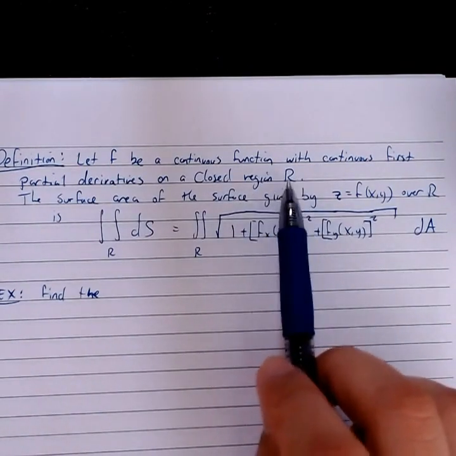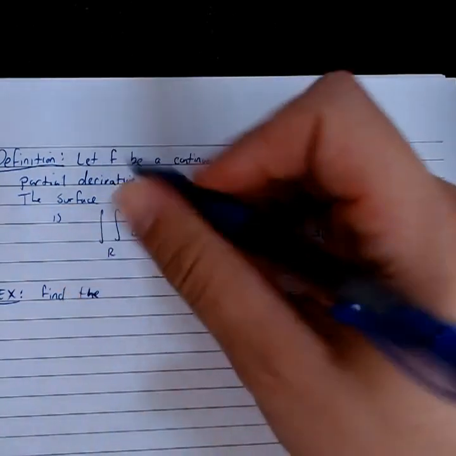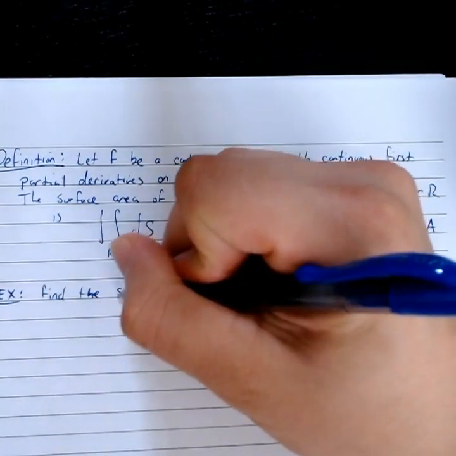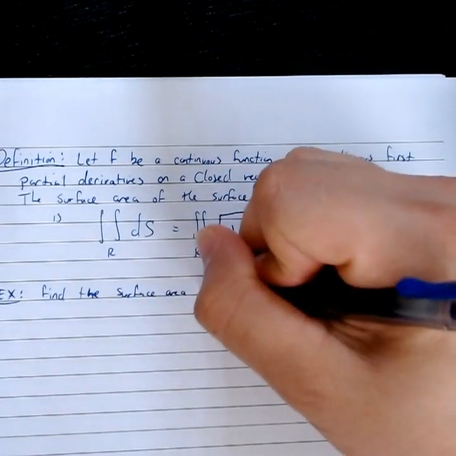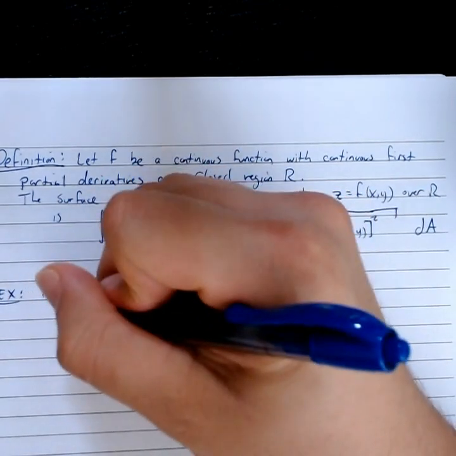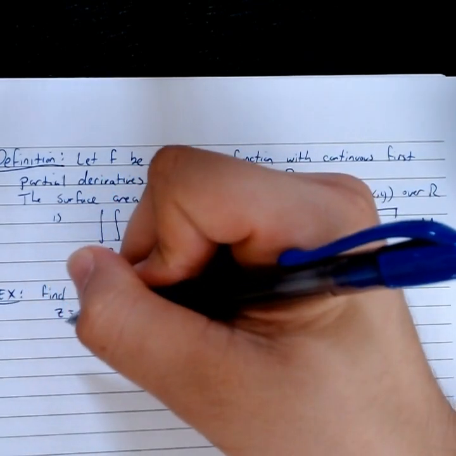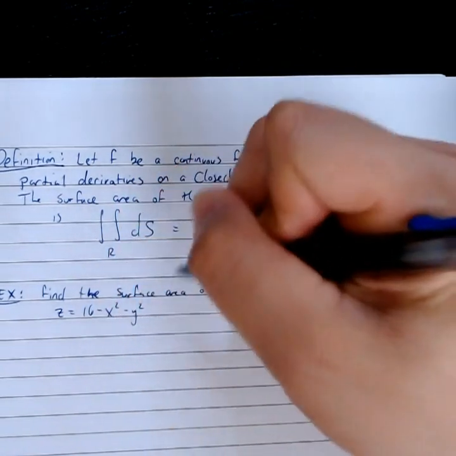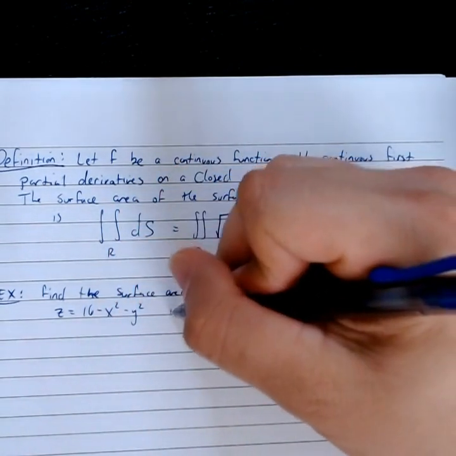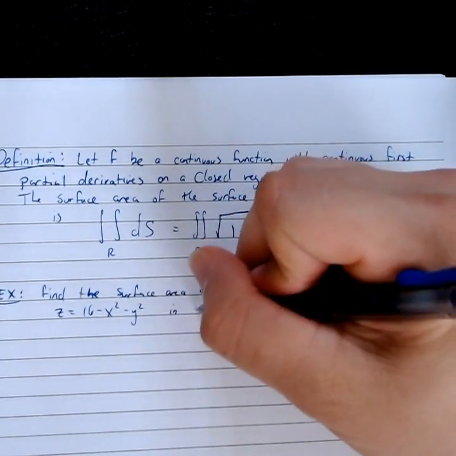The entire xy plane is not closed; it goes on forever. So here, find the surface area of the paraboloid z equals 16 minus x squared minus y squared in the first octant.